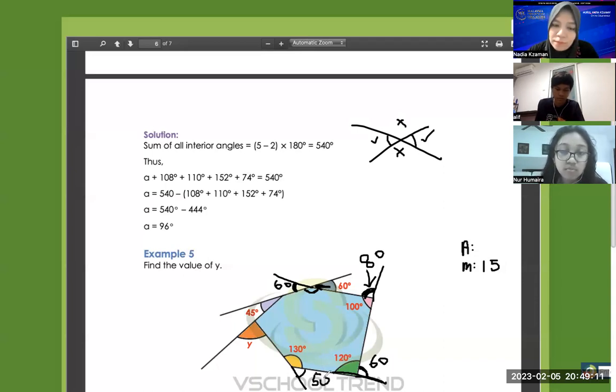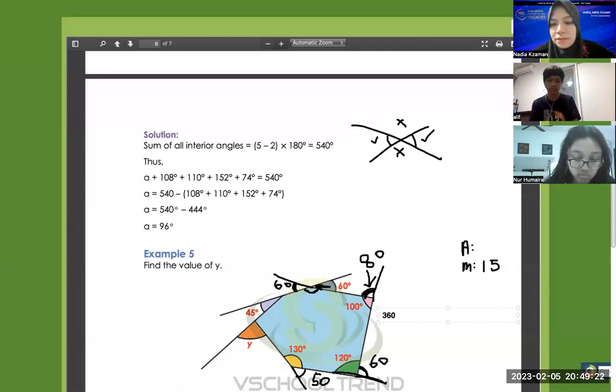So basically what you need to do is the total angle. Remember the exterior angle, 360 equal to y plus, we go this sides.